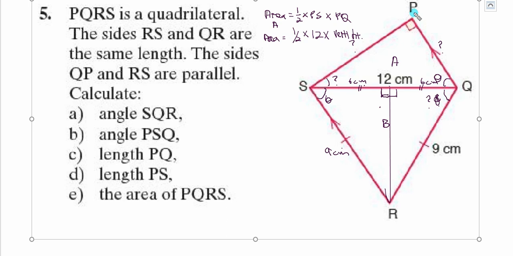Okay? Now, SQR. Based on this triangle here, I have a 90 degree, I have a 12 cm. That's it. I don't have a third piece of information to calculate this angle, SQR.